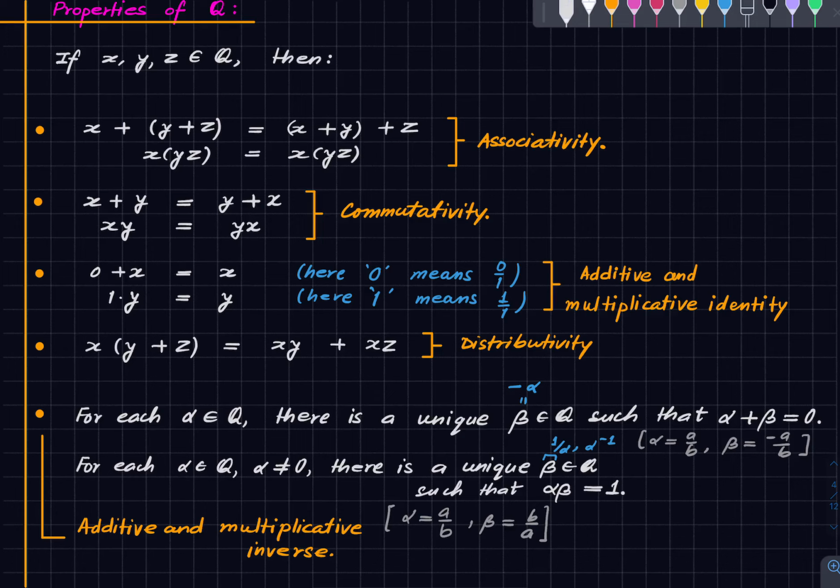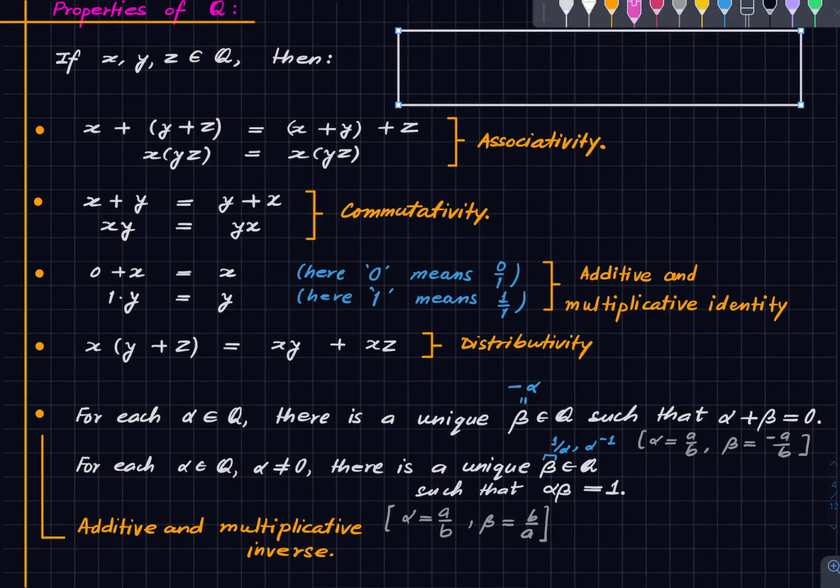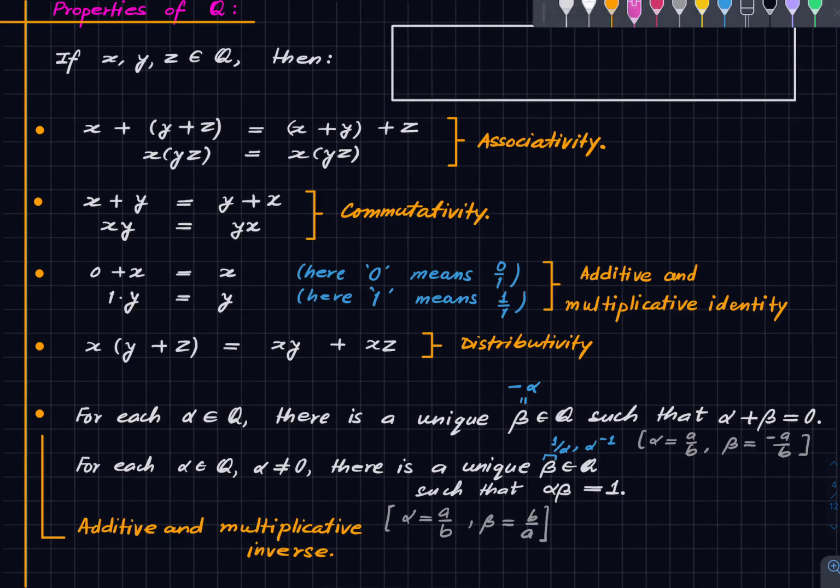It's a very small fact. So note that every alpha in Q, meaning every rational number, can be written as a by b for some b greater than 0, where b greater than 0.